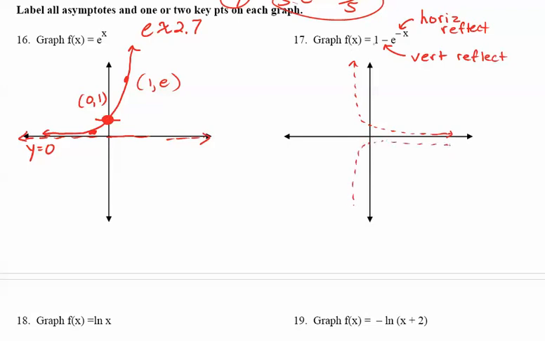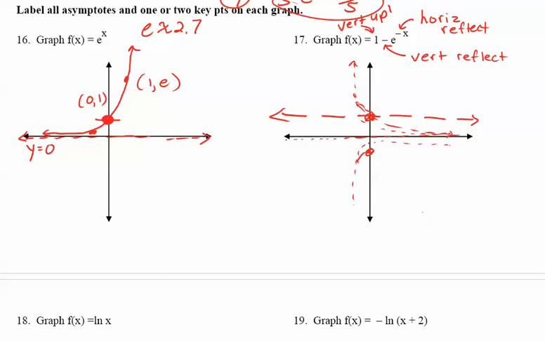And then this one is a vertical shift. This is a vertical translation, so it's going to go up 1 unit. Vertical shift up 1 unit. So I'm going to take this, which had its y equals 0 asymptote, so the asymptote is also going to move up. So the entire graph moves. Sorry, I'm not doing very nicely marked graphs here. The key point originally was at 0, 1.